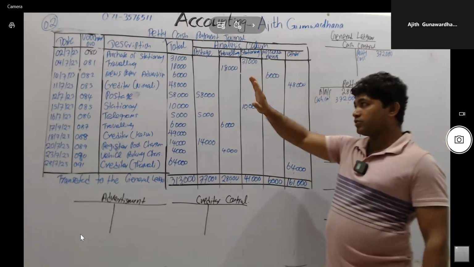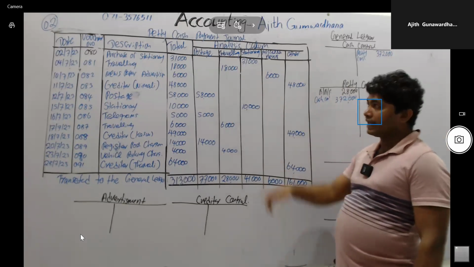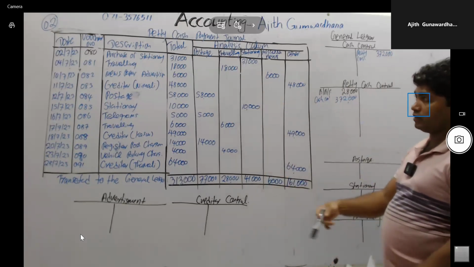Right, first thing, cash received from the chief cashier. Petty cash payment journals record only payments. Right now, think about the total column total value.